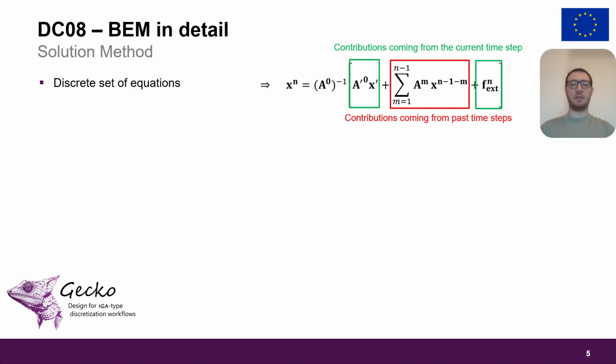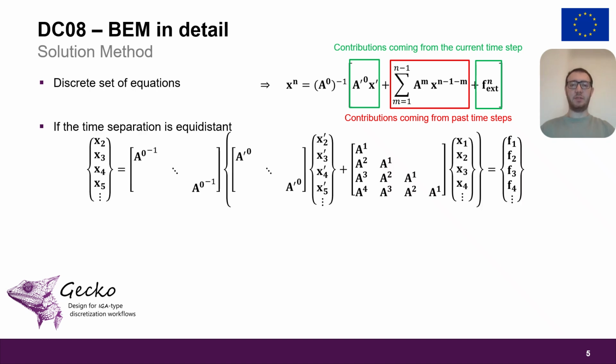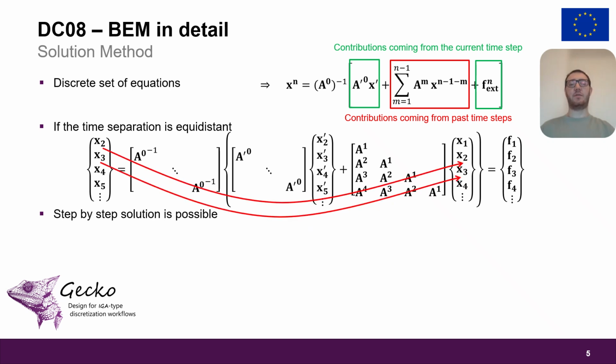If we use an equidistant time step, we can simplify it a bit, and we can construct a large system of matrices such as this one. And the solution can be done step by step, where we solve for our current time step and replace it in the next time step solution on the right hand side, so that we can obtain the next time step solution.